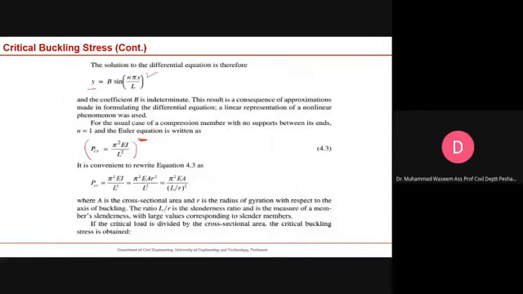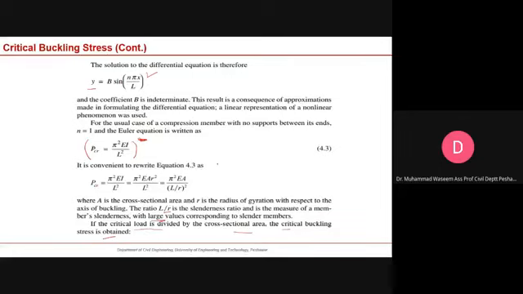similarly in this formulation, A is the cross-sectional area, R is the radius of gyration, and L/R we call the slenderness ratio, which is the measure of member slenderness. If the critical load is divided by the cross-sectional area, critical buckling stress is obtained.